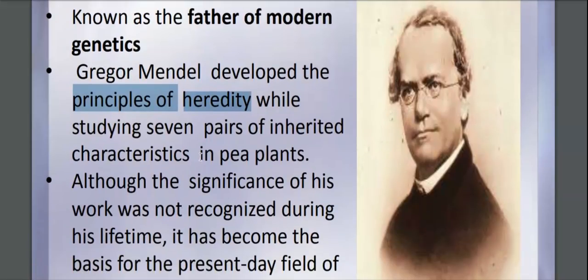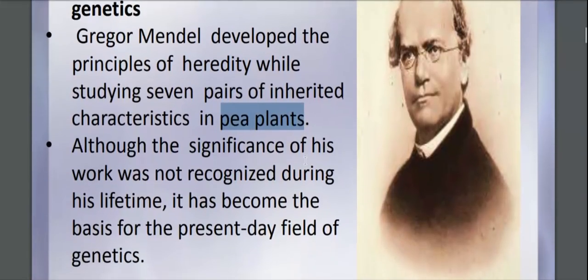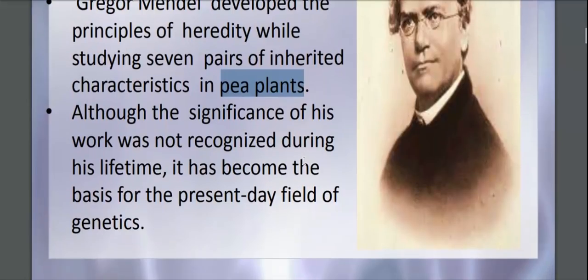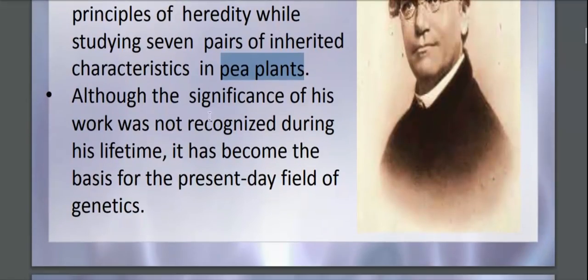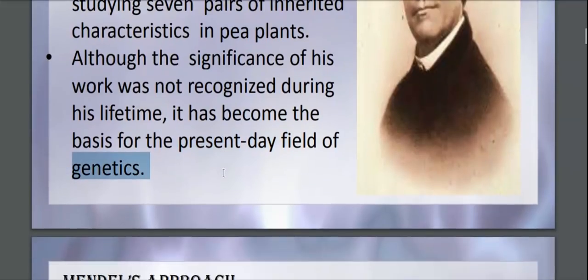So it all started with him and when he studied the pea plants. So we will see his experiments on the pea plants, and during his lifetime his work was not recognized, but much later, and especially in present day, his findings have become very significant in the field of genetics. So this is to be kept in mind.